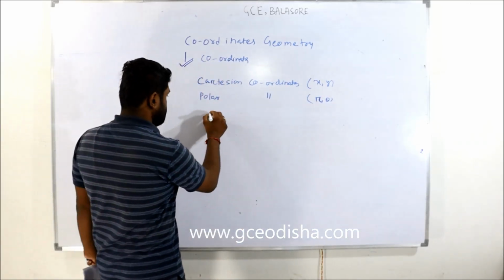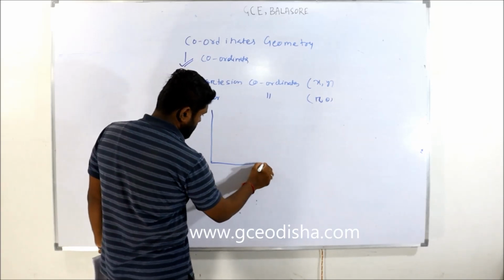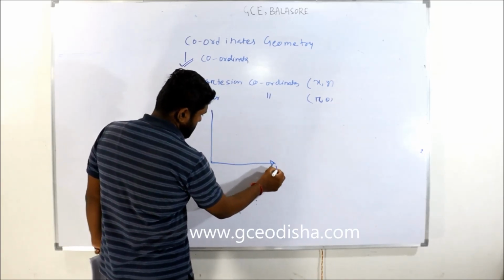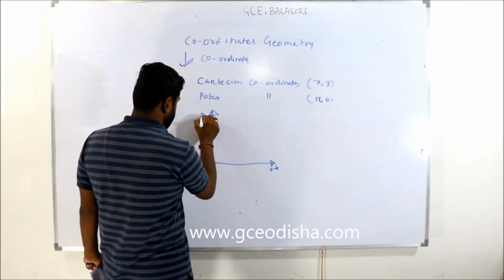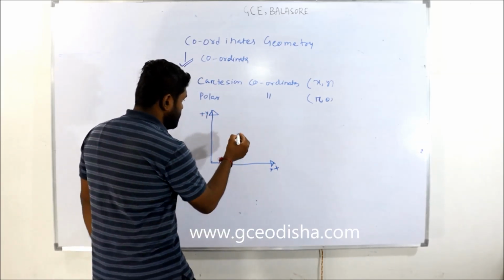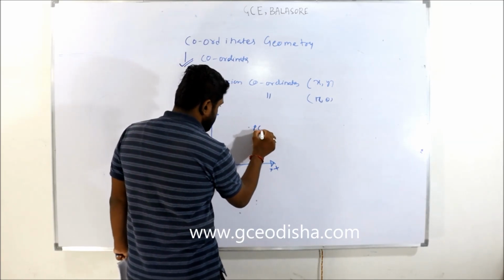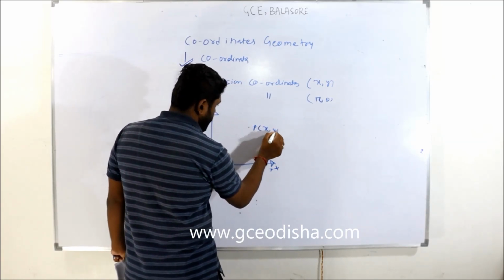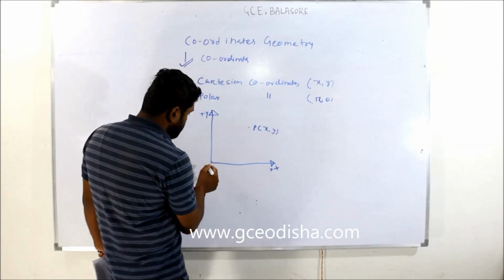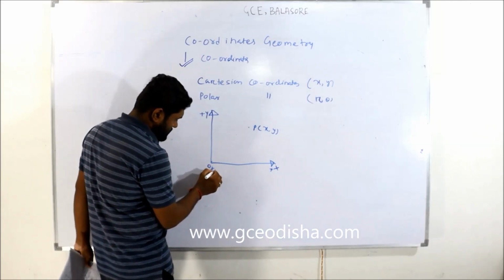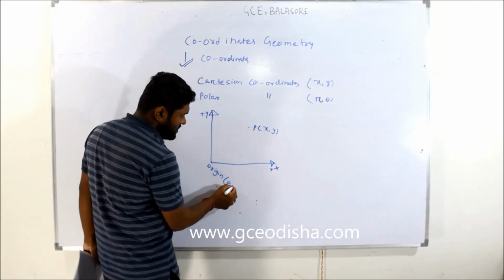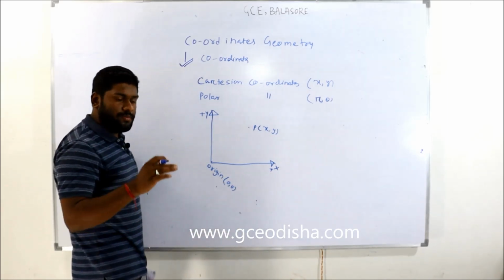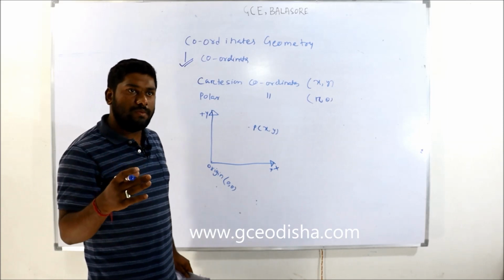In Cartesian coordinates, this is the positive x direction, this is the positive y direction. Let the point be P, here, with coordinates x and y. This is the origin, which is generally defined in coordinates as (0, 0): the x term is 0, the y term is 0.